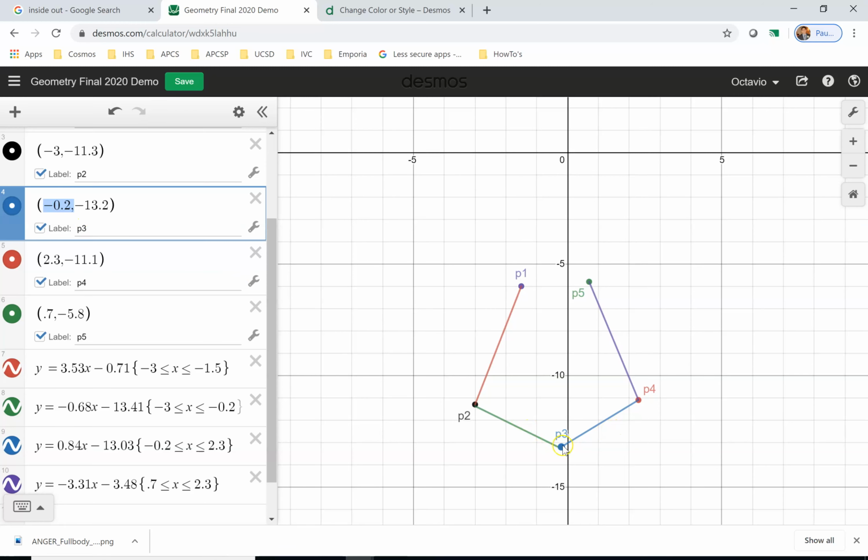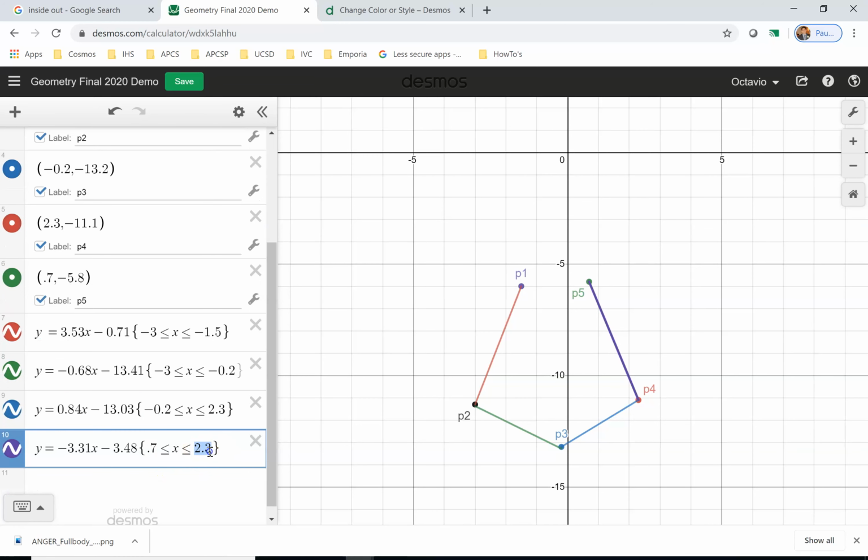So it's the x coordinate of point 3, and then the 2.3, that's the x coordinate of point 4 right there. And notice that this number is always going to be smaller than that number. 0.7 is less than 2.3. Negative 3 is less than negative 0.2. Negative 3 is less than negative 1.5.